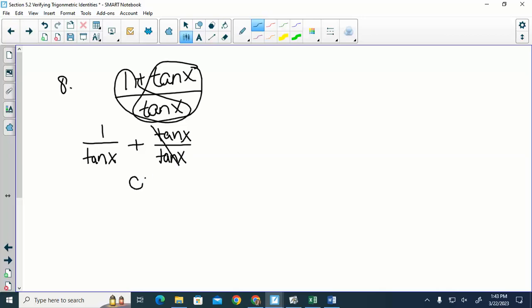And tangent x divided by tangent x is? 1. So we get cotangent x plus 1. Good. Are we all right with that one? Tangent divided by tangent. Anything divided by itself just turns into 1.